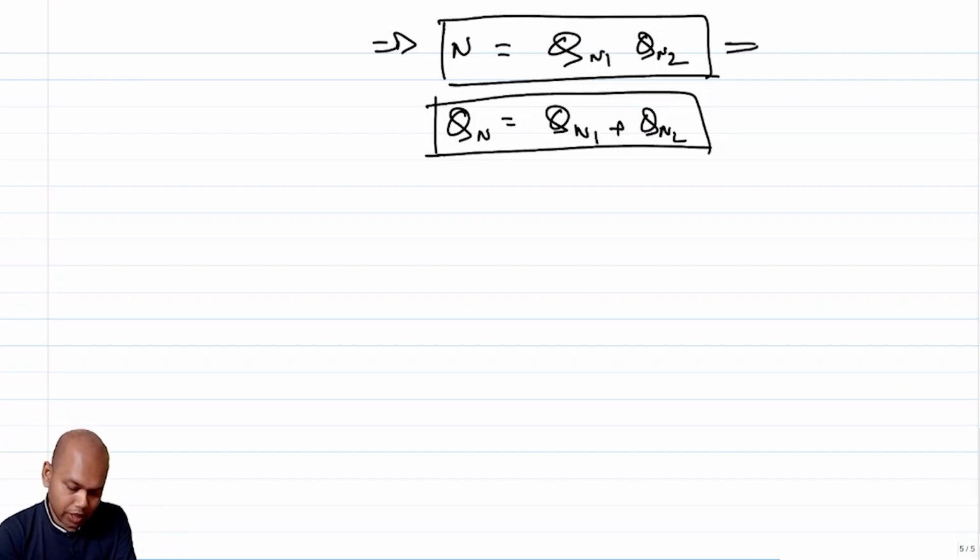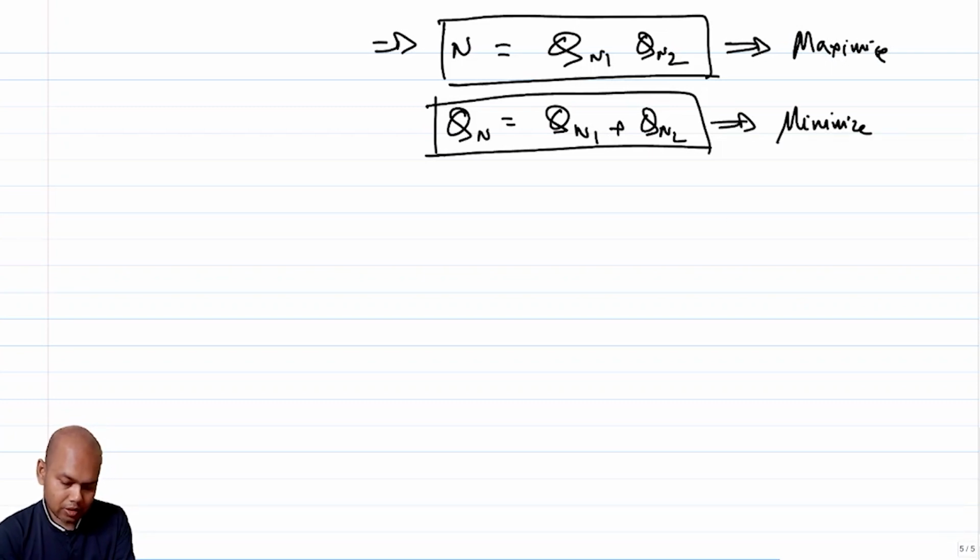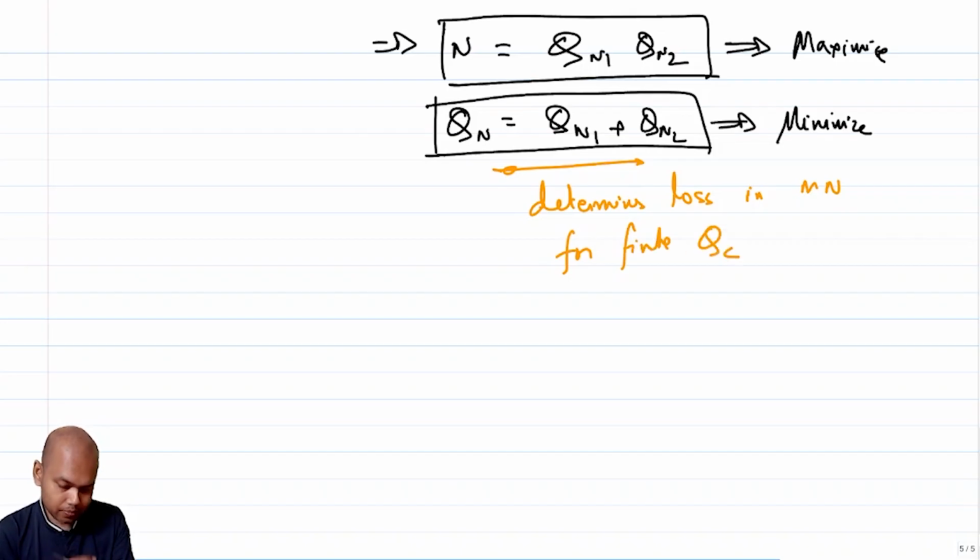What we want to do is, this we want to maximize, and this we want to minimize, because why do we want to minimize this? Because this determines loss in the matching network, not delivered, loss in the matching network for finite QC, right?